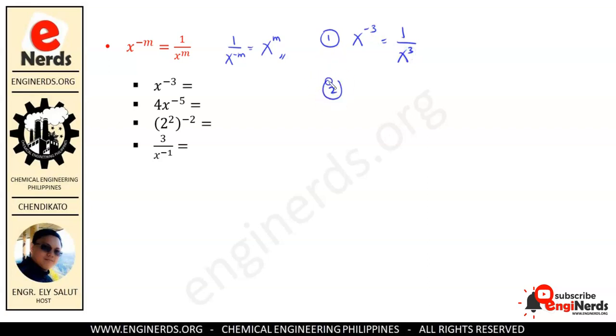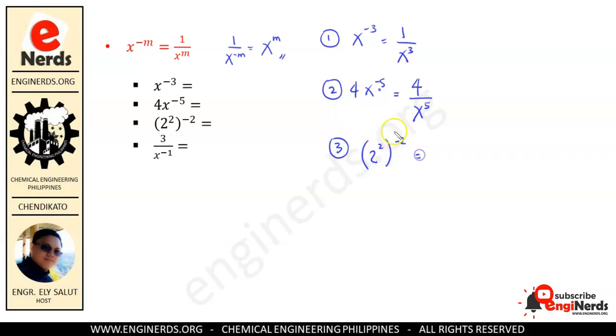Okay, so number 2, we have 4x to the negative 5. So, this is equal to, so guys, only the x is raised to the negative 5, no? So, 4 will remain as is. Our x to the negative 5 will become x to the 5th in our denominator. So, third example, we have 2 squared, then negative 2.